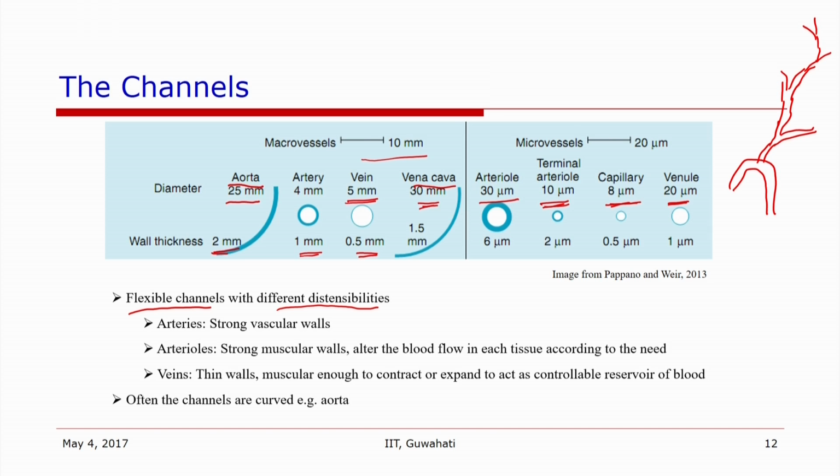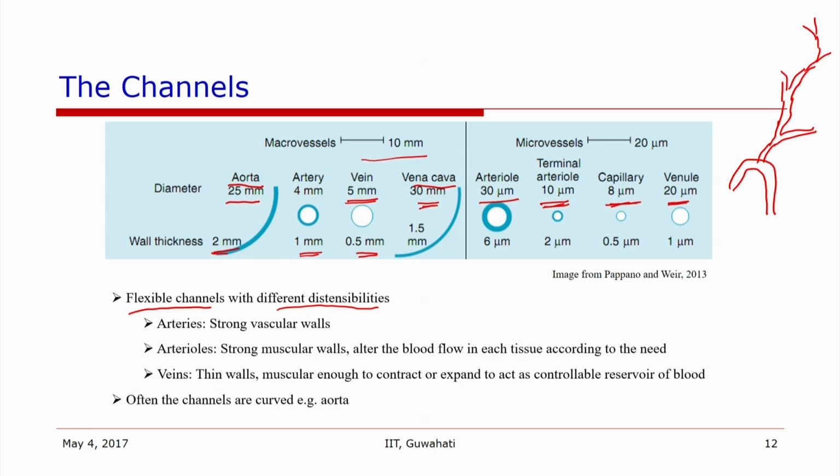For example, as I said, arteries have a strong vascular wall, and arterioles have a strong muscular wall, and they can expand a lot because they are the ones that control the blood supply to different tissues and control the resistance. Veins have very thin walls and are muscular enough to contract.